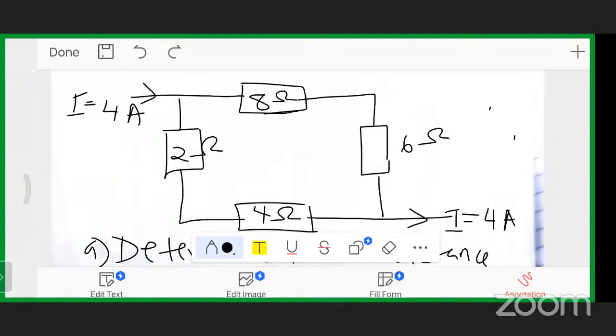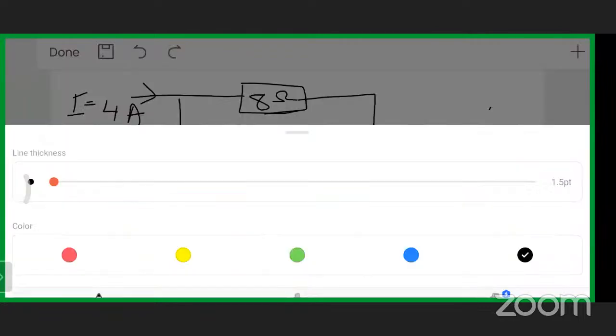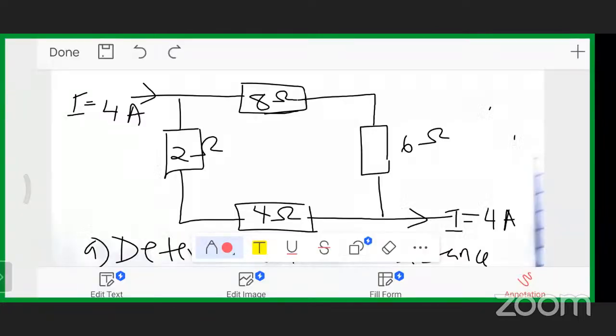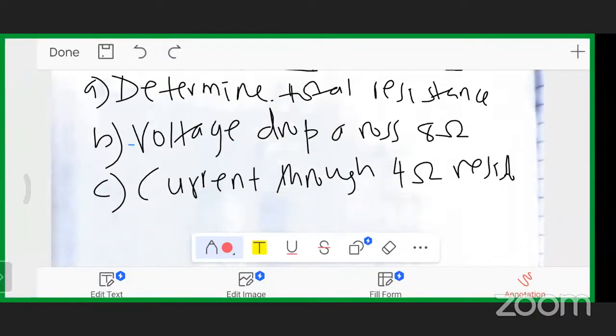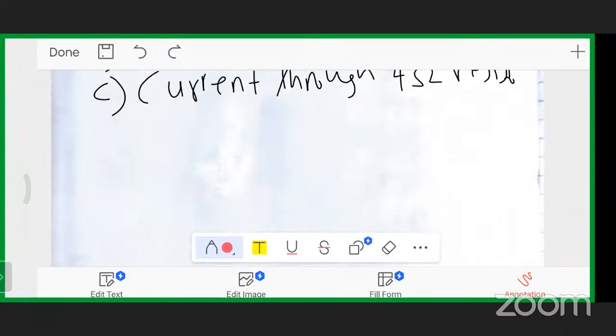Right. So let's redraw. The first thing I want us to redraw this circuit so that it looks better. So that circuit is given this way. Let me make it smaller so that I'm able to draw the reduced one.